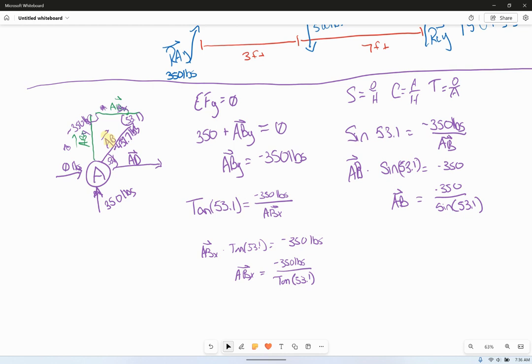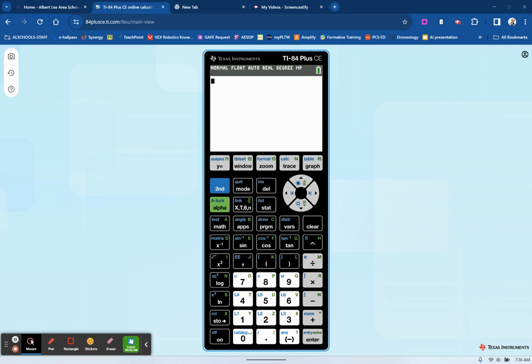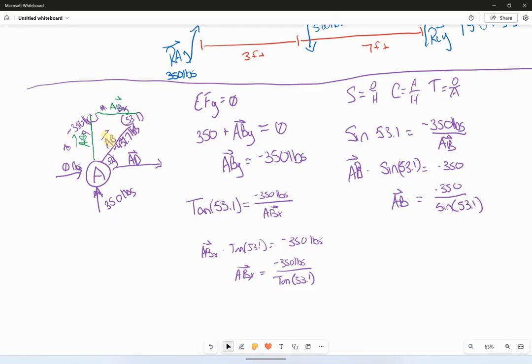Going into our calculator, negative 350 divided by the tangent of 53.1 equals 262.8. So we're going to put that in there. ABX is equal to negative 262.8. And that makes sense because once you have a negative number, we always have a negative number.